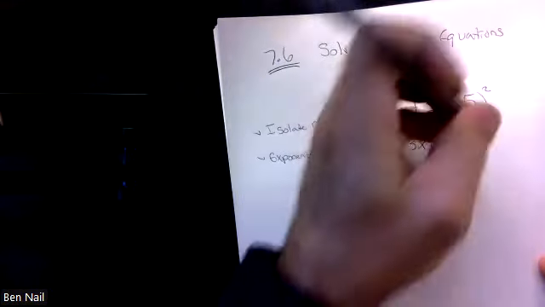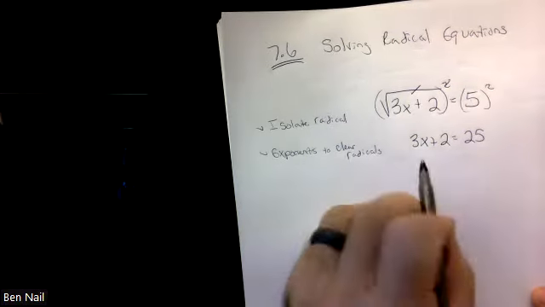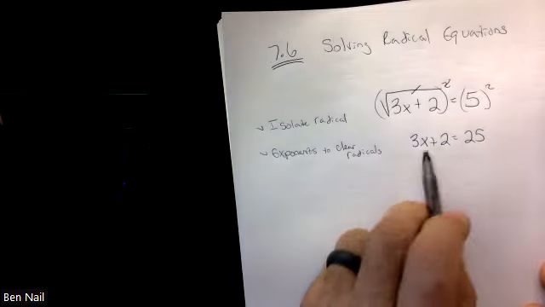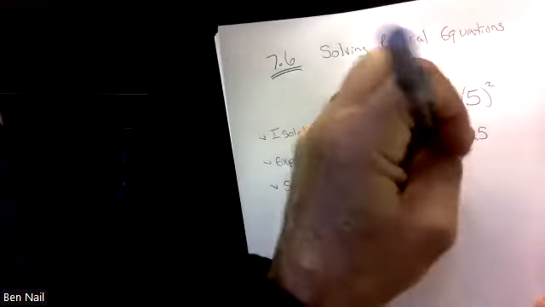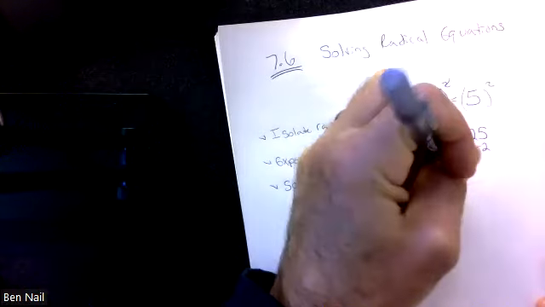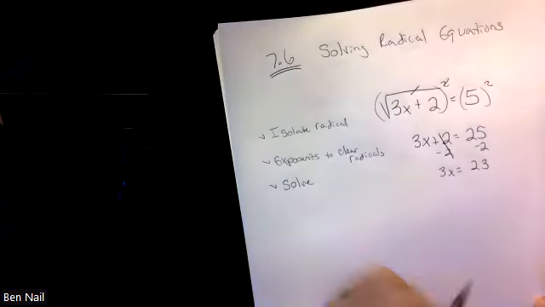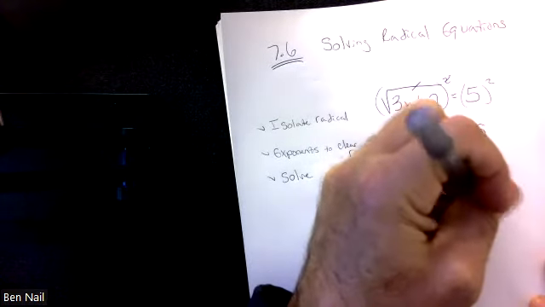We square 5, and 5 squared is 25. And now we have a regular linear equation, one variable that we can solve for. So if we subtract 2 from both sides, 3x equals 23. Divide by 3, x is 23/3.